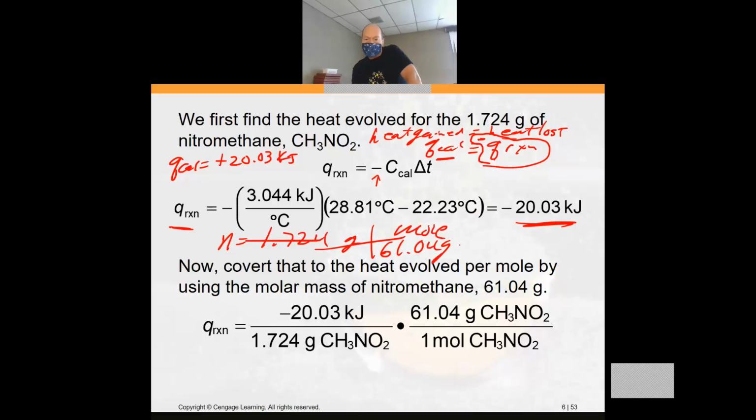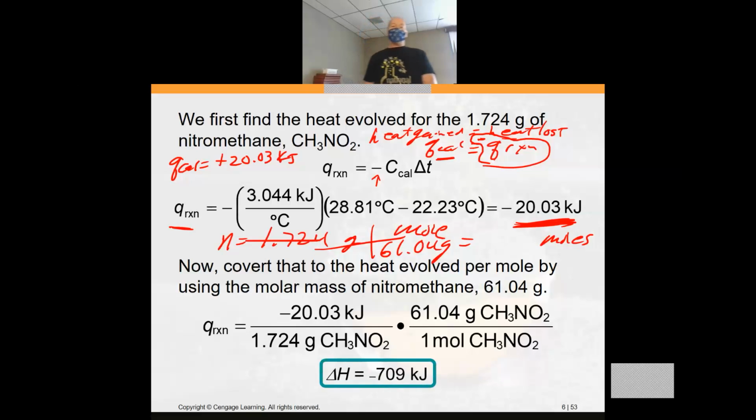And then I would take that number of moles and have my Q right there, 20.03 divided by my moles, whatever you get when you take 1.724 divided by 61.04, and then you divide those two numbers. That is what they're doing here. They're just doing it in a different manner. And then your delta H is negative 709 kilojoules.